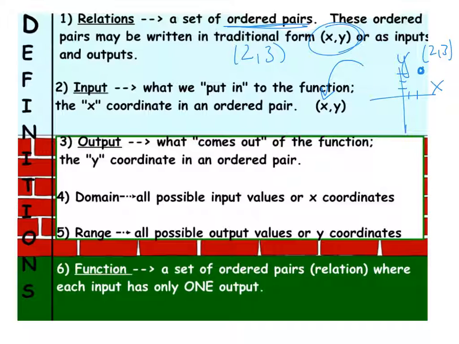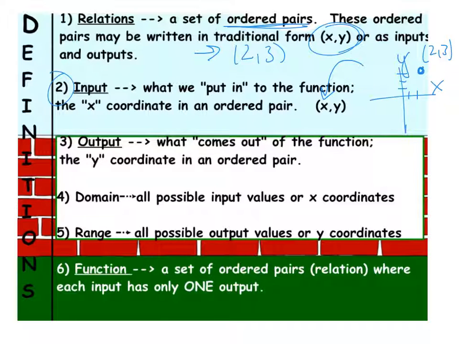And we may see these ordered pairs written just like this in traditional form, but we also may see them written in a chart or a list form as inputs and outputs. Okay, so a relation is a group of these ordered pairs. Word number 2, input.